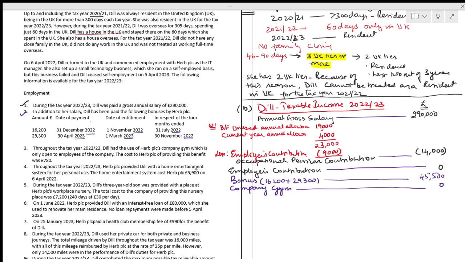Next, home entertainment. Throughout the year, the company provided Dill with home entertainment for personal use. How much is the home entertainment? It is taxable to the extent of 20%. It is taxable home entertainment.